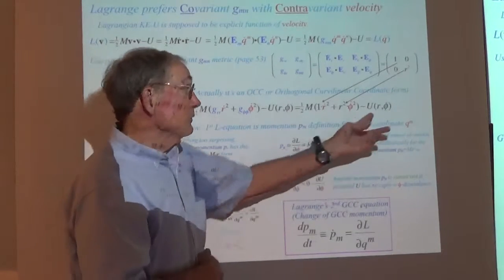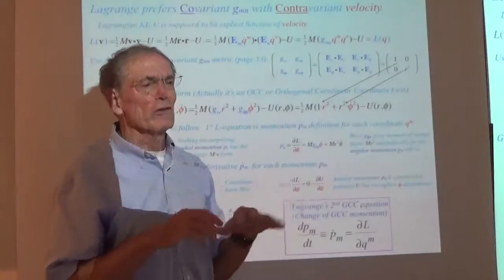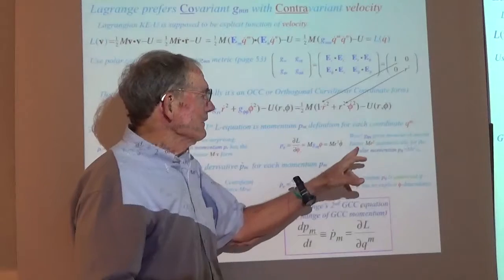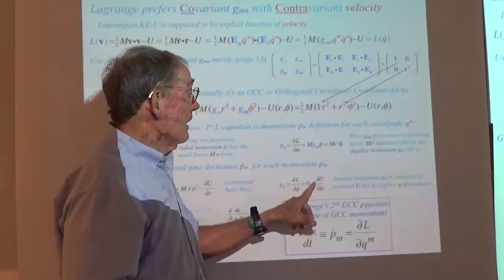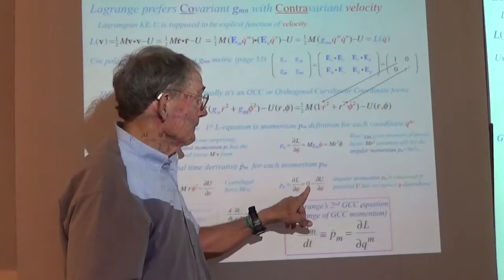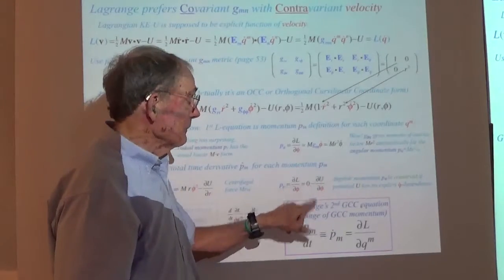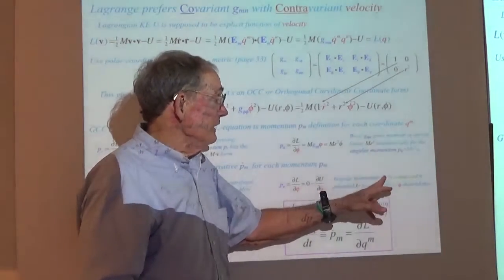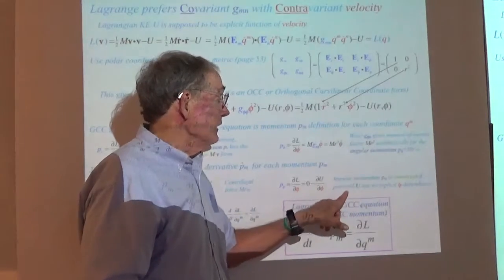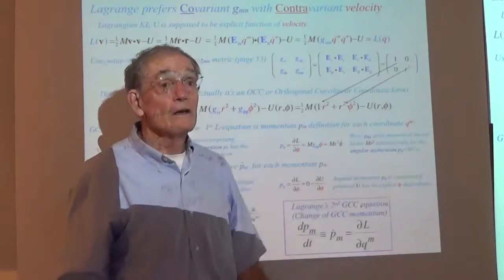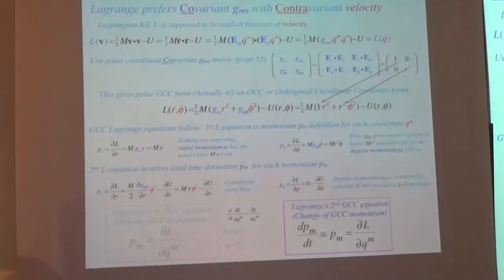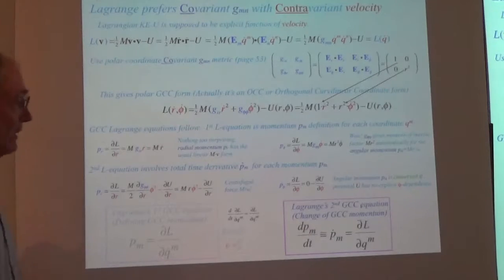But if this was only a function of r, which is usually the case because those are so easy to solve, you get lots of those later on, okay? Then this is 0. If it's not there, then I have nothing left but 0. So there's your conservation, okay? P phi is constant, that is conserved, if the potential has no explicit phi dependence. Okay? Well, that's cool. That's, you know, another law, you might say.